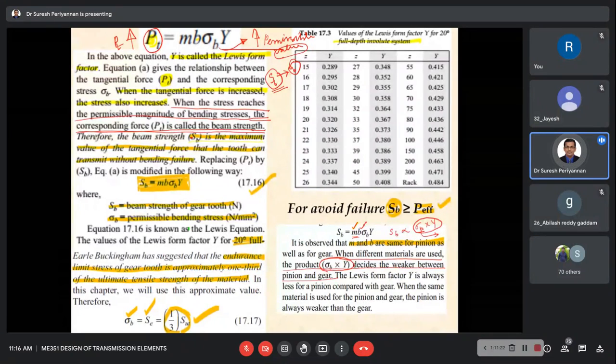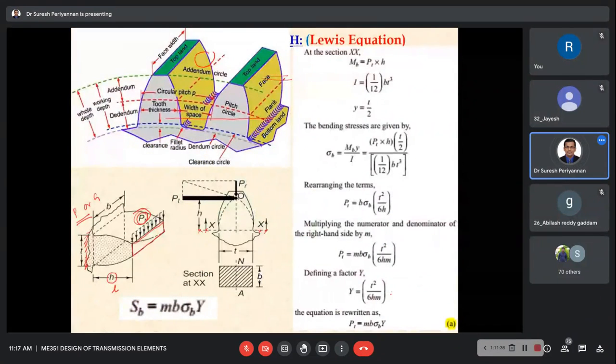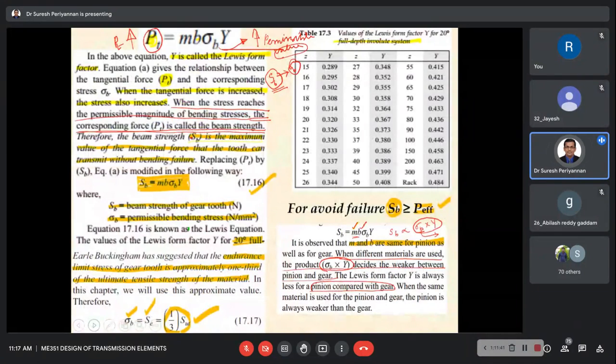Now, to come to the conclusion: the Lewis form factor is always less for the pinion. Hence, if we consider both of the same material, the pinion is going to be weaker than the gear.